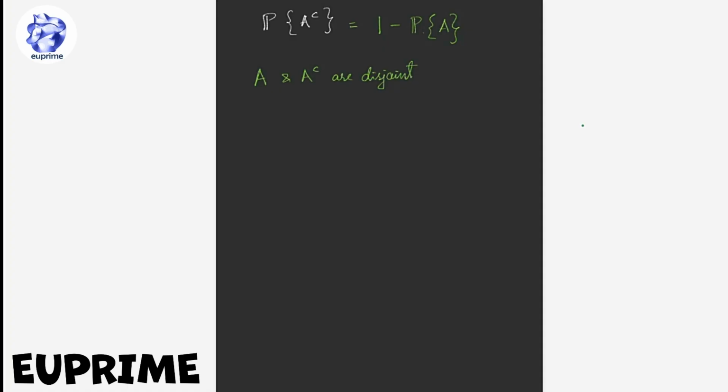Because A and A complement are disjoint, the probability of the union of A and A complement can be written as the sum of individual probabilities. As a result, this is equivalent to the probability of omega, which is 1. From that, you can eventually find the value.